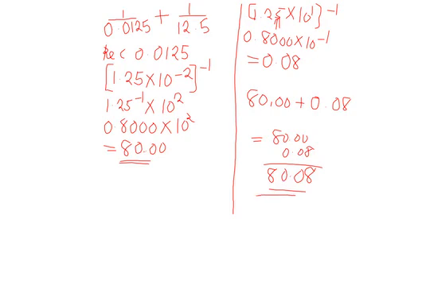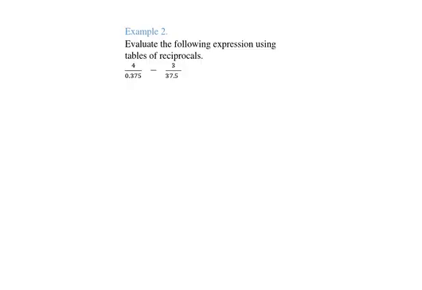Our next example, we are told to evaluate the following expression using tables of reciprocals, and we have 4 over 0.375 minus 3 over 37.5.